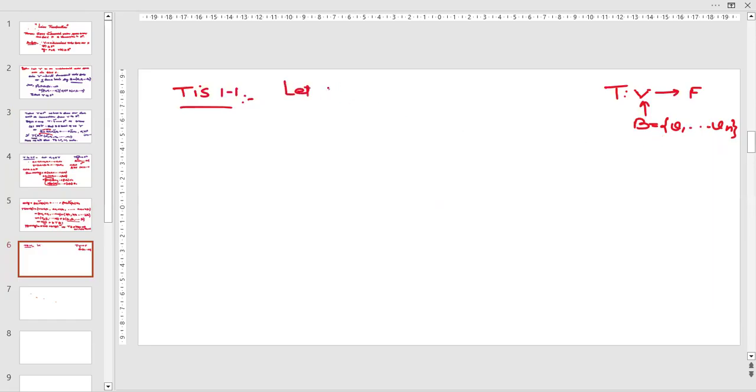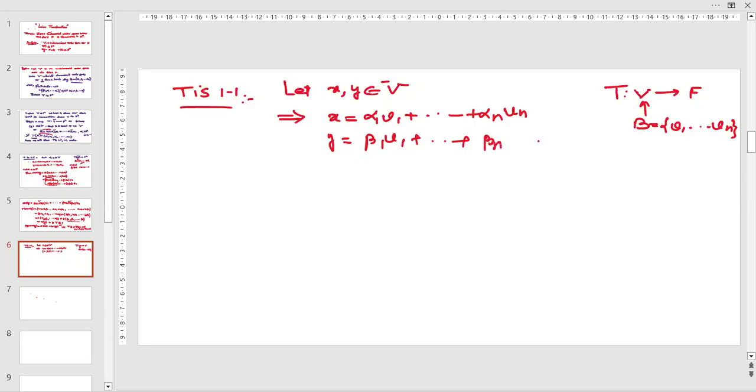Let X, Y belong to V. This means that X is equal to alpha 1 V1 so on to alpha n Vn, because this is represented in terms of basis elements, and Y is equal to beta 1 V1, so on to beta n Vn. So this is how we write this. Now, suppose that T of x is equal to T of y. So we have to show that x is equal to y.